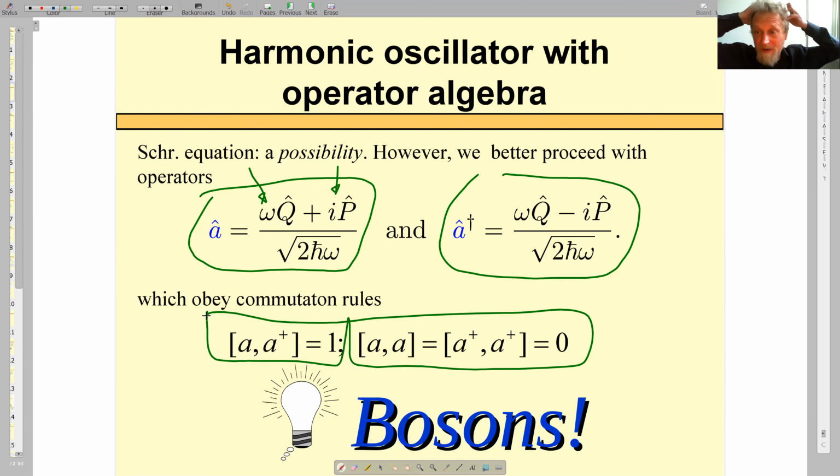And at this point, we get kind of an idea which, owing to your present knowledge, might seem trivial for you, but it was really a great discovery for physicists of that time, that these operators are nothing but creation and annihilation operators for bosonic particles.